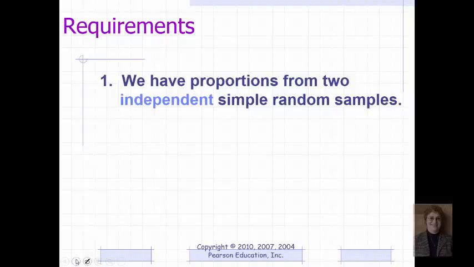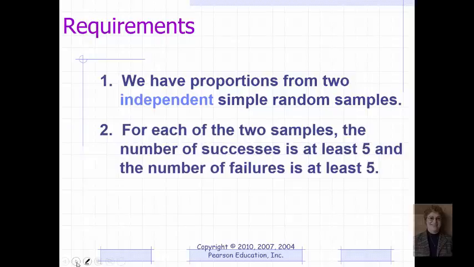A big clue, if you have two independent simple random samples, would be that the numbers are different. And then for each of the two samples, we need to have at least 5 successes and at least 5 failures. And that's for each of the two samples.